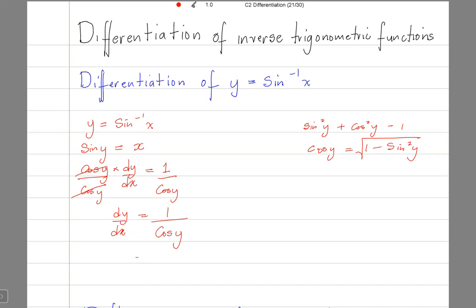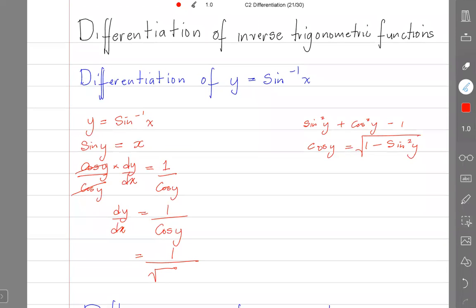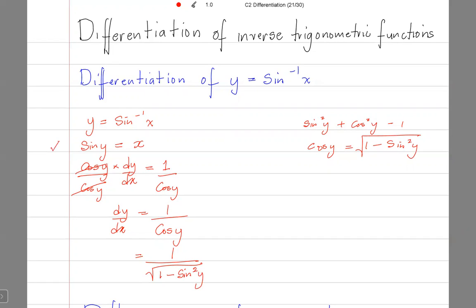So I could say that this is equal to 1 over the square root of 1 minus sine squared y. But the sine of y from this line is equal to x. So sine square y would be equal to x squared.